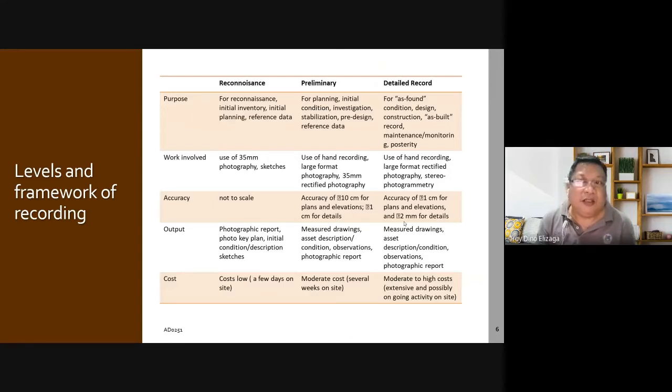Unlike the detailed record, where everything is really very technical and the output looks similar to a construction drawing already. Therefore, the cost would be more in the detailed records compared to the other two, especially reconnaissance, which costs only a little.